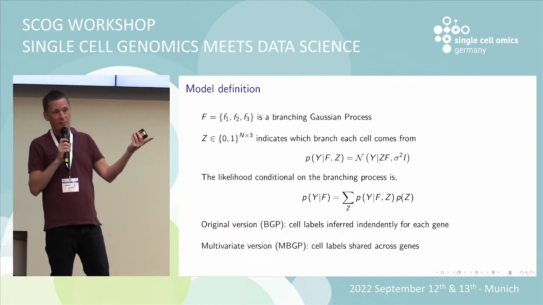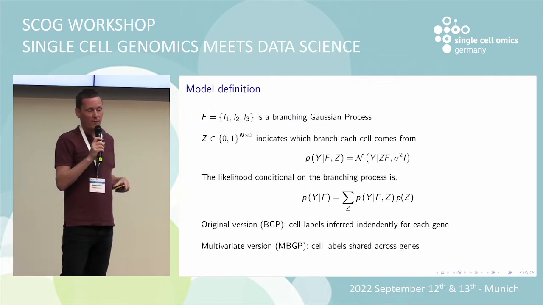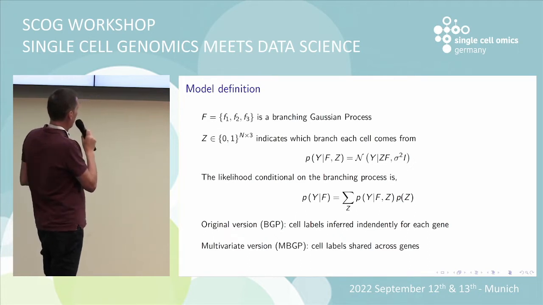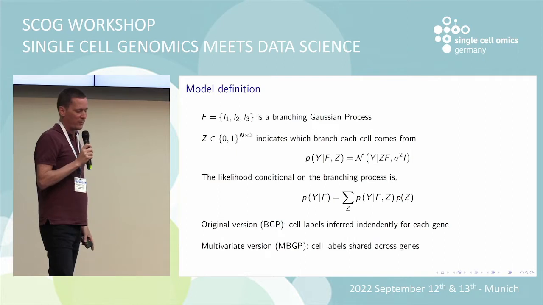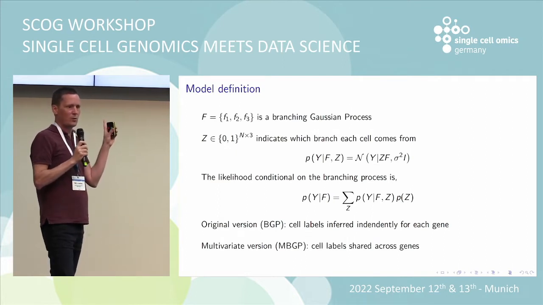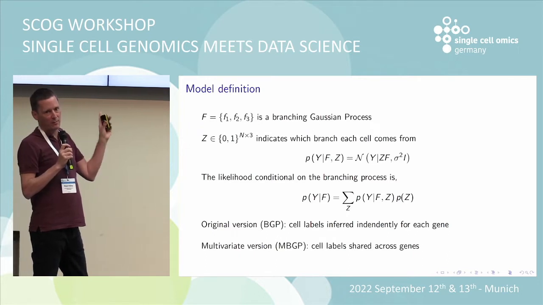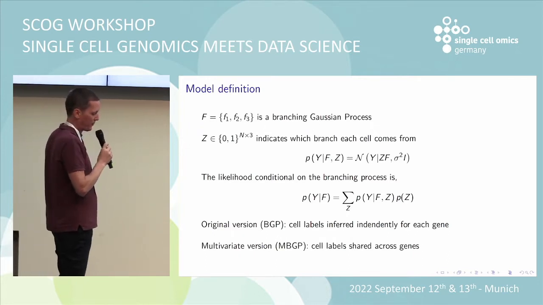We know they come from time series A or time series B. But in the single cell, we have to infer those branch labels. So we have some binary variables, and then the likelihood has to integrate over those binary variables, and that's not tractable, so we use sparse variational inference with a mean field approximation over the z's to do this.